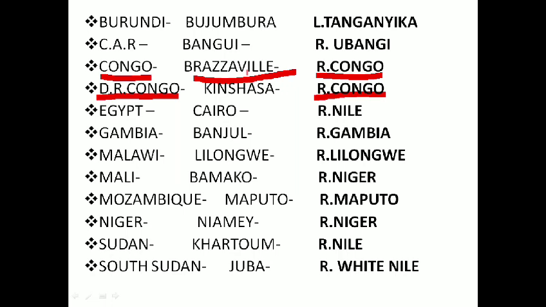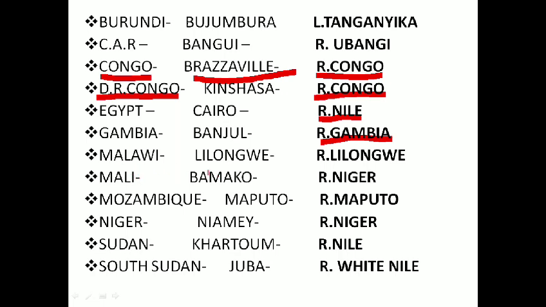The same way, Egypt, capital Cairo, located on the bank of river Nile. Gambia, its capital Banjul is located on the river sharing the name with the country. So Banjul, river Gambia, name of the country is also Gambia.